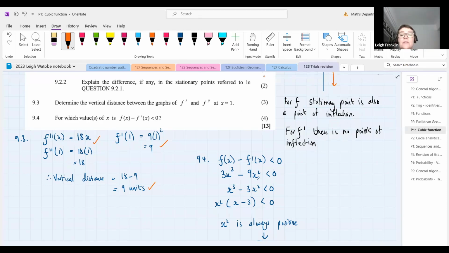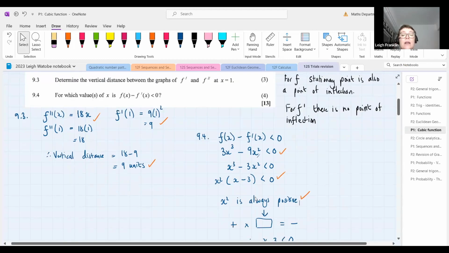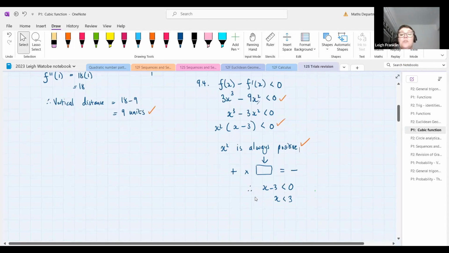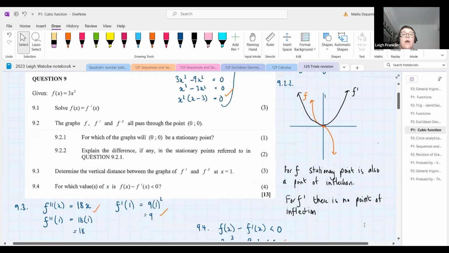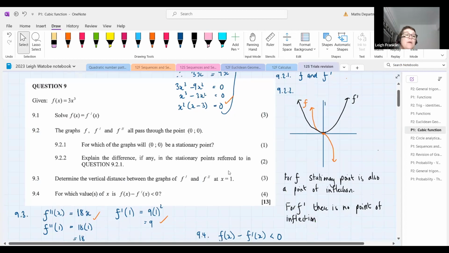For this, subbing in factors, interpreting this correctly, because x squared is always going to be positive, and then here on our answer. Okay. All right. So that was one year when they were really, really mean about the cubic function, and they asked a bunch of questions that were all a little bit different and a little bit more difficult, not the usual story.